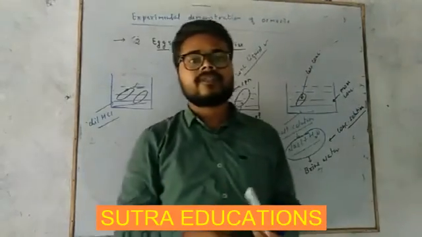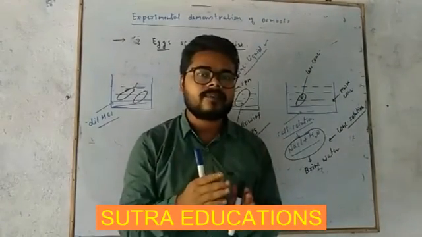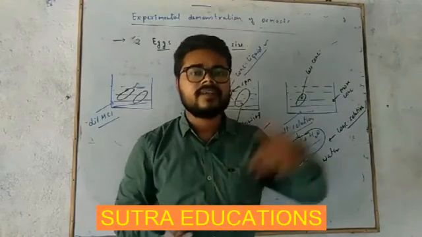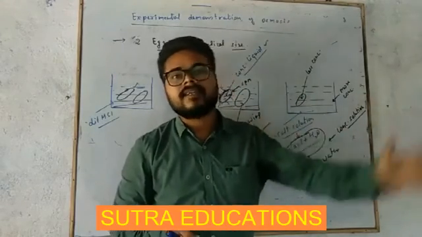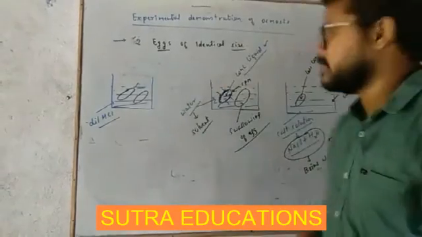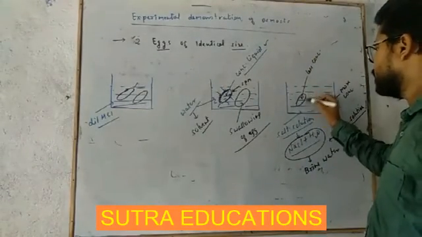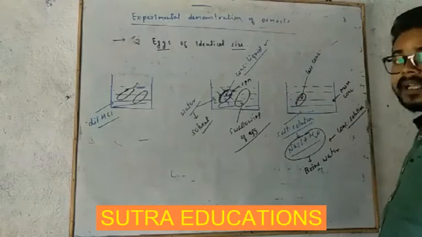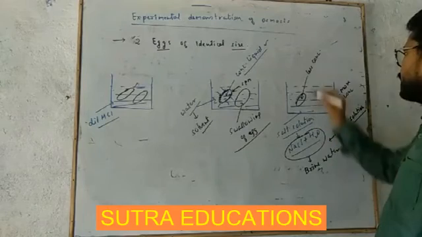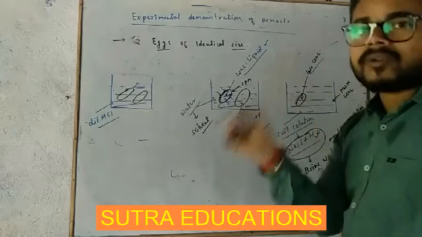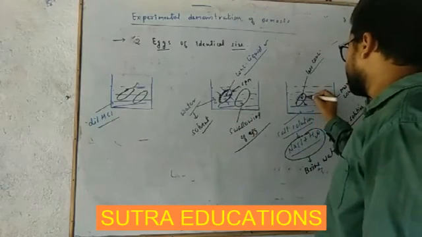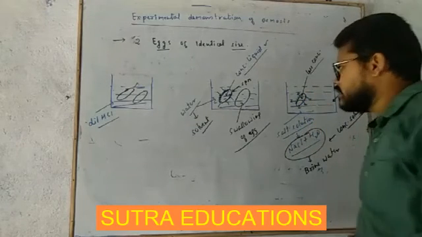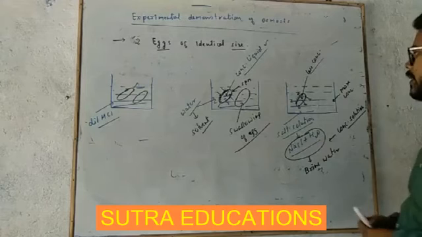Osmosis is the flow of lower concentrated liquid towards higher concentrated liquid through the SPM. This is the SPM. This time the outer liquid is higher concentrated, and the inside is lower concentrated. So from lower concentration to higher concentration, liquid will start flowing. And this time the size of the egg will shrink.